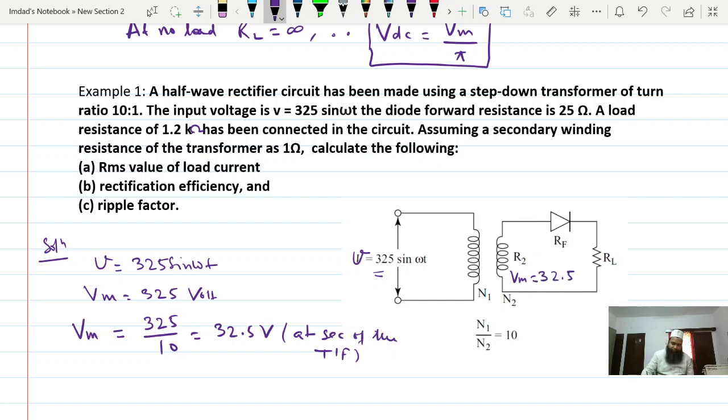RL equal to 1.2 kilo ohm, Rf equal to 25 ohm, R2 equal to 1 ohm.